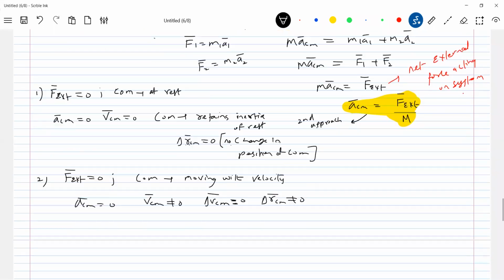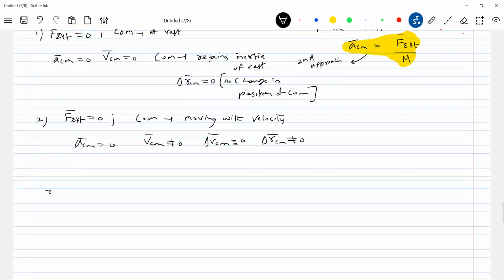The third one: if net external force is non-zero, and the center of mass is initially at rest.